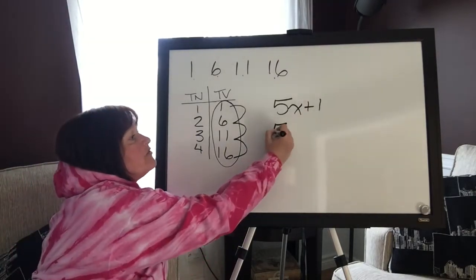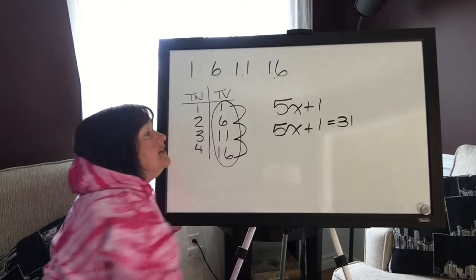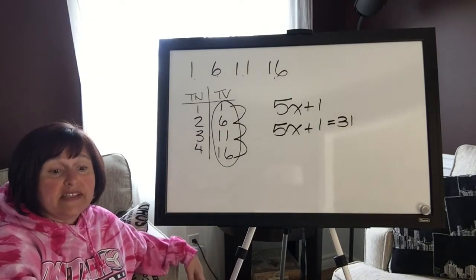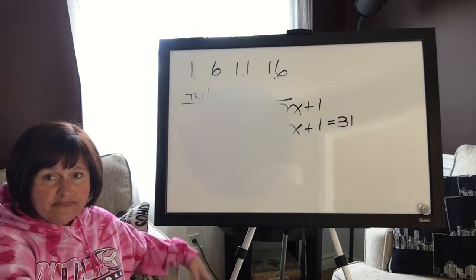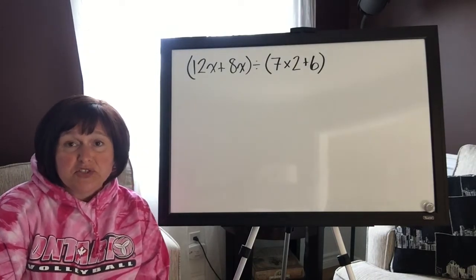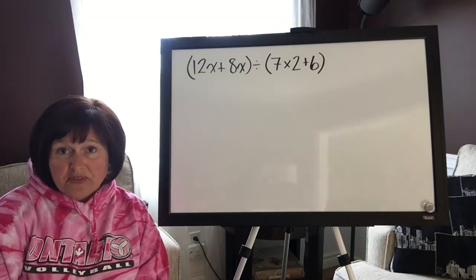However, if I said 5x plus 1 equals 31, that would be an equation because that is completely and totally solvable. What we then went on to is factorization and distribution of algebraic expressions in order to simplify.